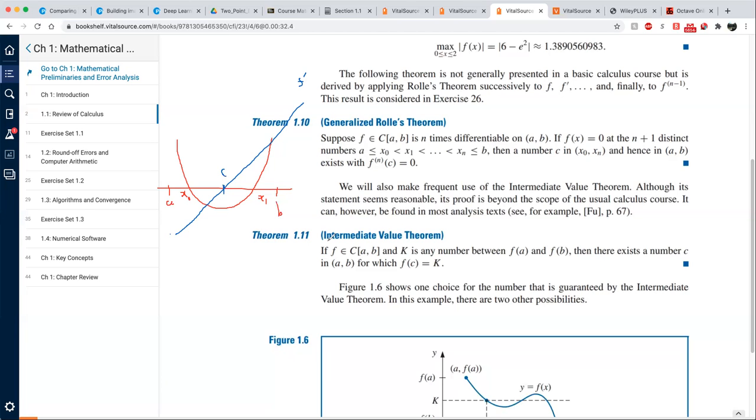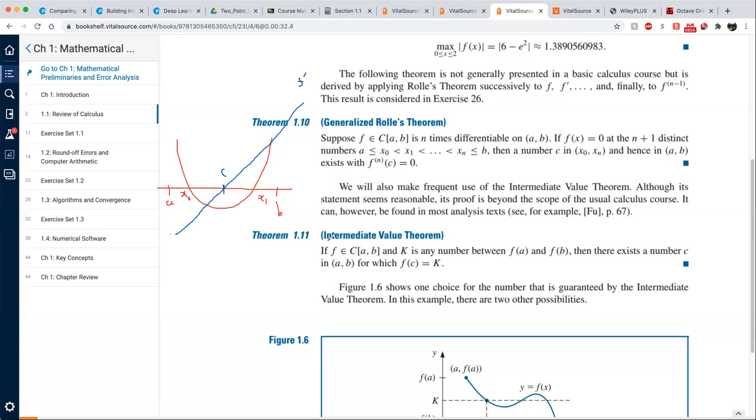The derivative of a quadratic function is a linear function, the derivative of a linear function is a constant function, and the derivative of a constant function is zero. Basically every polynomial function is infinitely many times differentiable.